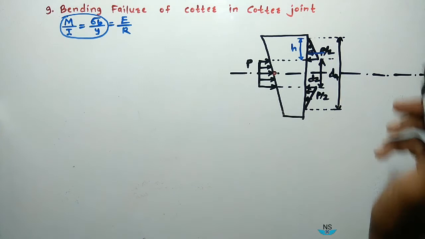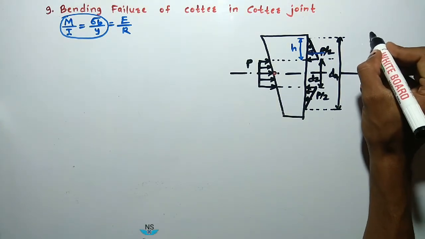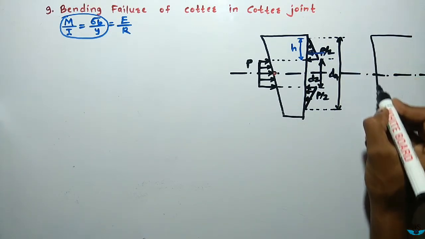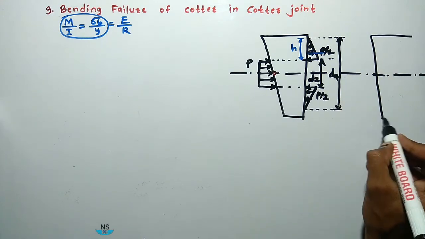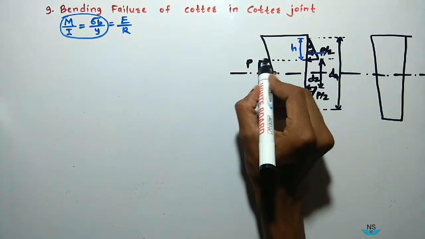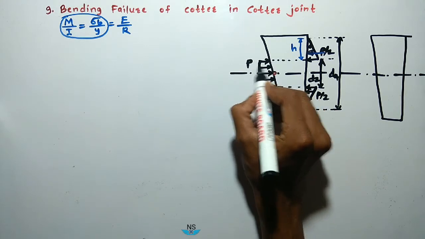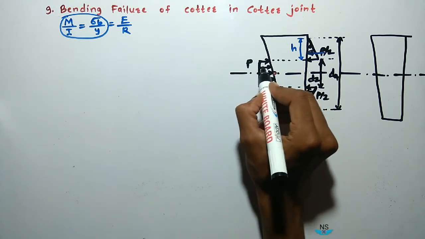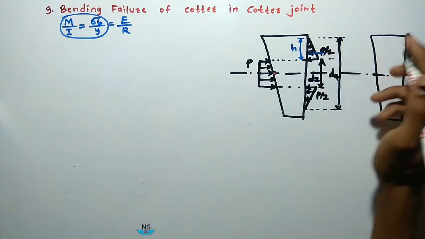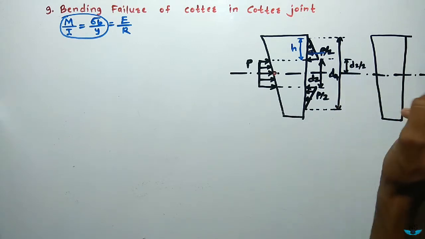Now I will draw here another diagram which shows loads converted into point loads. So this P by 2 on the top side, P by 2 on the bottom side. So point load of that uniformly distributed load is P by 2. Now this is D2. So this much distance is D2 by 2.